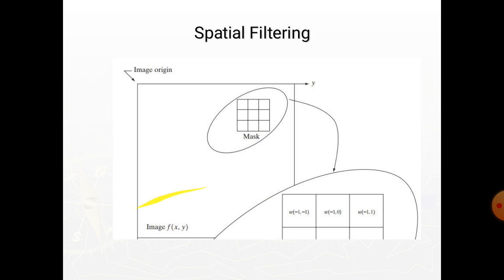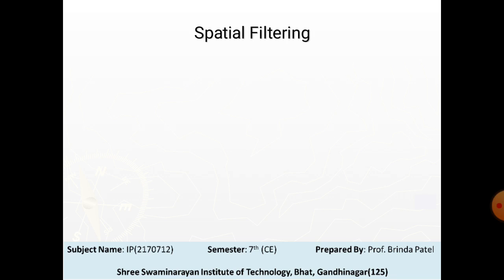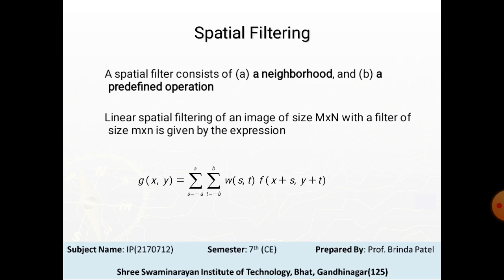At each point (x,y), the response of the filter at that point is calculated using a predefined relationship. For linear spatial filtering, the response is given by the sum of products of the filter coefficients and the corresponding image pixels in the area spanned by the filter mask.